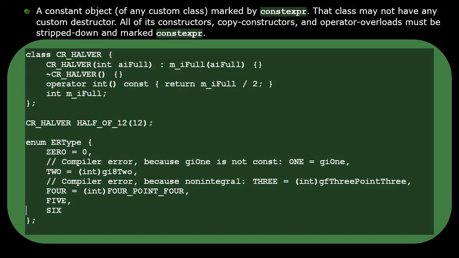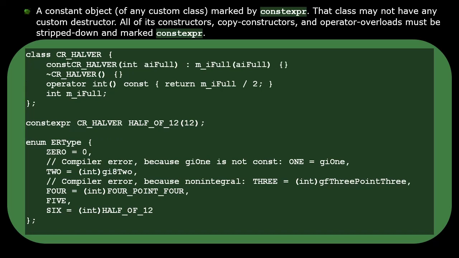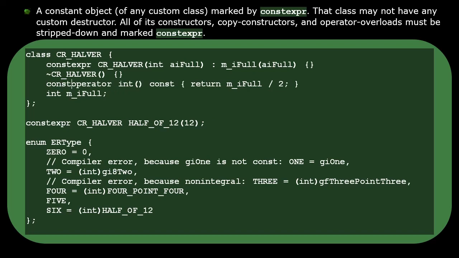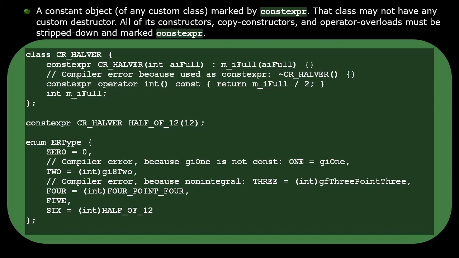The variable could also be a constant object of a custom type, but then that class may not have any custom destructor, and you need to mark the variable by constexpr, and all of the constructors, copy constructors, and operator overloads all need to be stripped down and marked constexpr themselves.